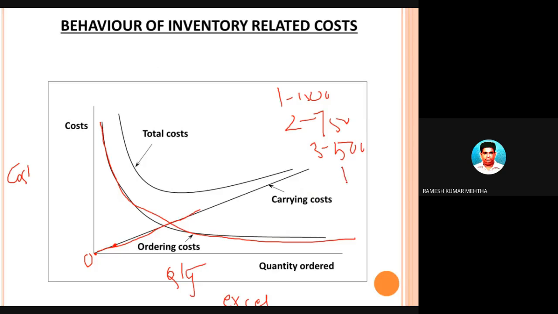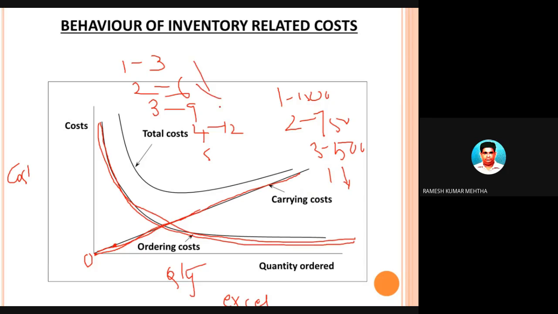So every time I increase the number of units I am ordering, the ordering cost is decreasing, on a continuous trend like this. So the ordering cost keeps on decreasing. Number two is inventory carrying cost. I told you for one unit it is 3 rupees, for two units it is 6 rupees, for three units it is 9 rupees, for four units it is 12 rupees.